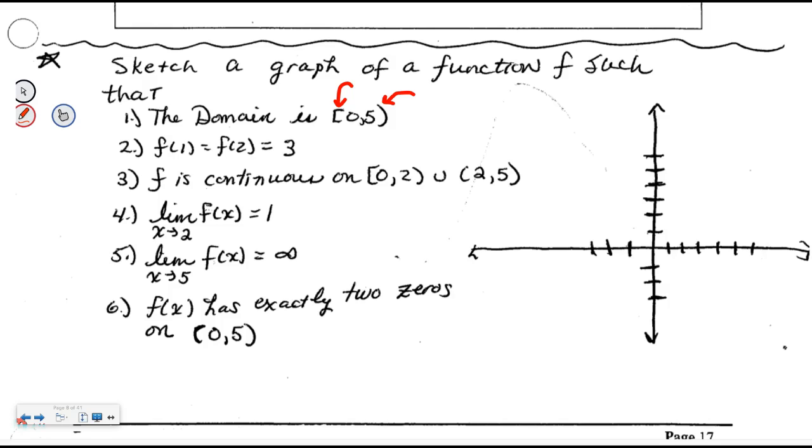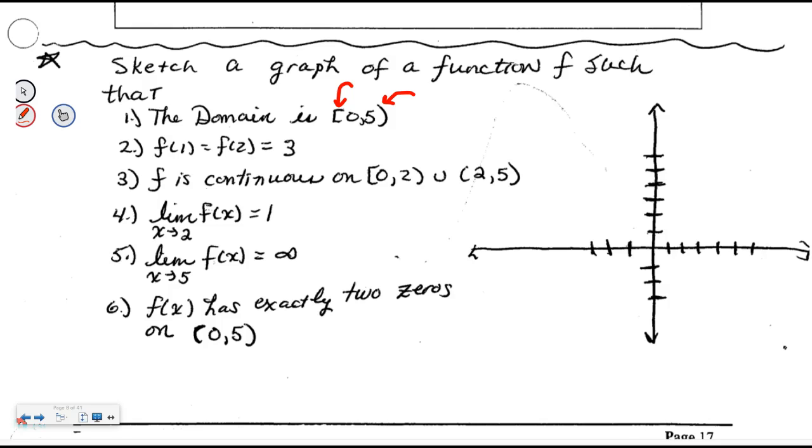A hole or an open dot. If there's nothing to definitively decide through the other criteria, then I can pick. Does that make sense? There's actually something on here that tells me which it's going to be. Which number tells me whether I'm going to have an open hole there or an asymptote?